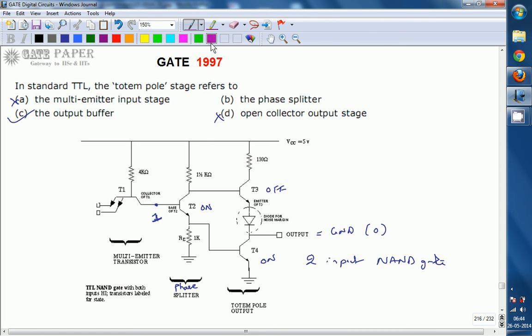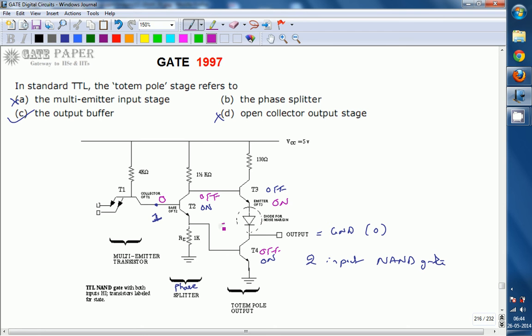Otherwise, if you give input for this TTL as logic 0, the T2 transistor will be in the off condition. No current flows through T2, and the total current flows through the 1.5 kilo ohm resistor into the base of T3, which makes T3 on. Since no current is flowing through T2, no base drive is provided for T4, so it will be off.